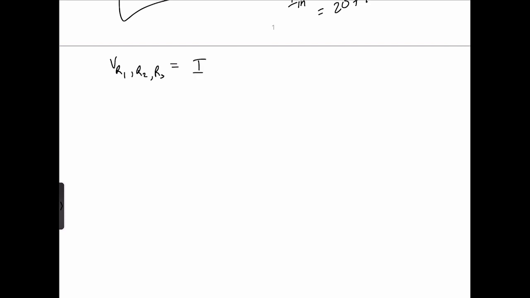So we can use the current through R3 times the resistance of R3, and that'll give us 99.9985 volts. So actually the voltage across each of the resistors is equal to 100 volts. So it's the source voltage.